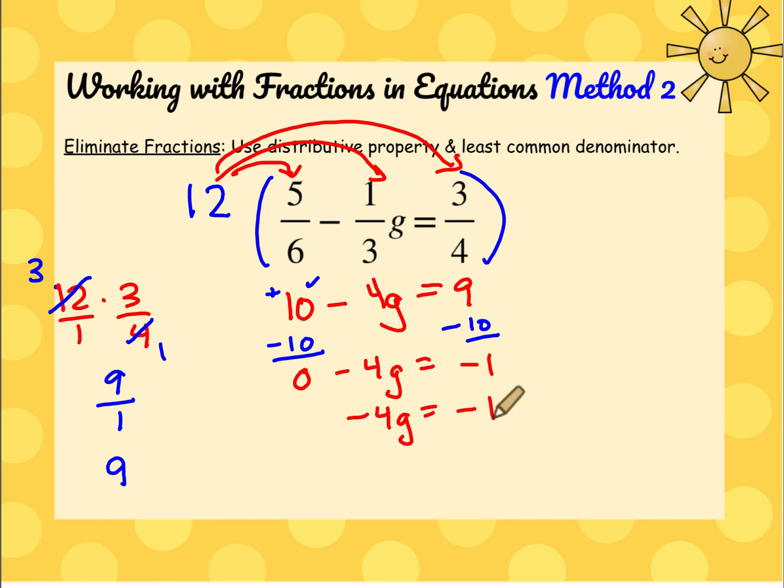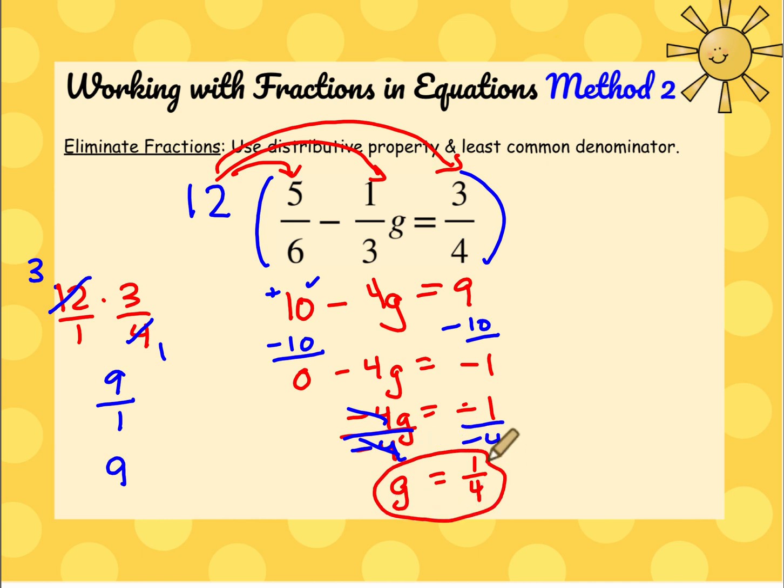And now I'm going to go ahead and divide both sides by negative 4. So a negative divided by negative makes it a positive. So I'm left with positive 1g. So negative 4 and negative 4 cancel. And negative divided by negative makes it a positive, and it's still a fraction because the 4 is in the denominator, and so I get 1/4.